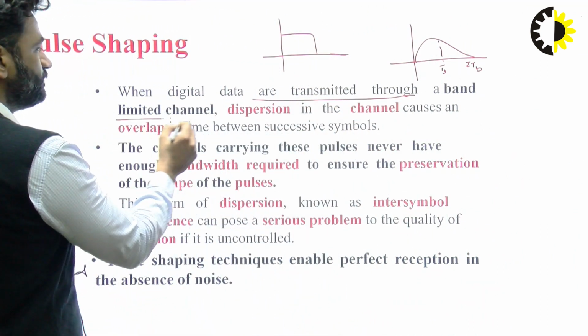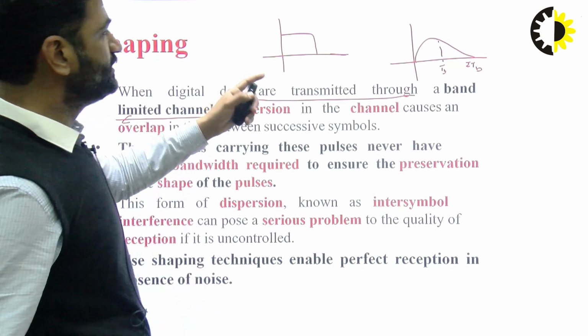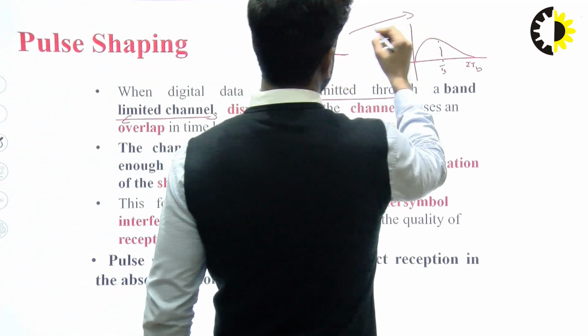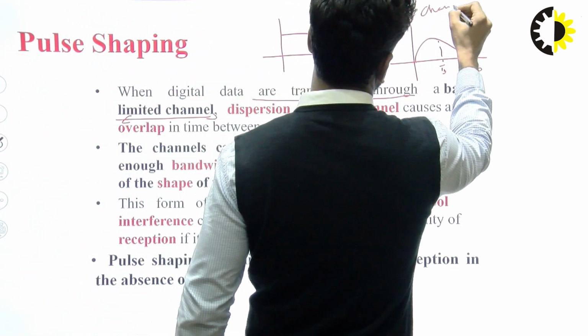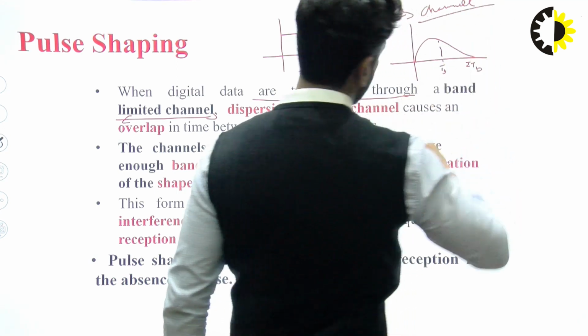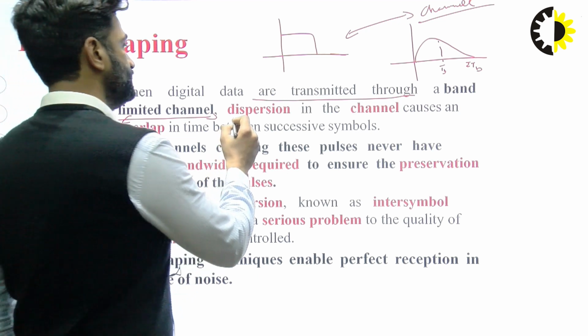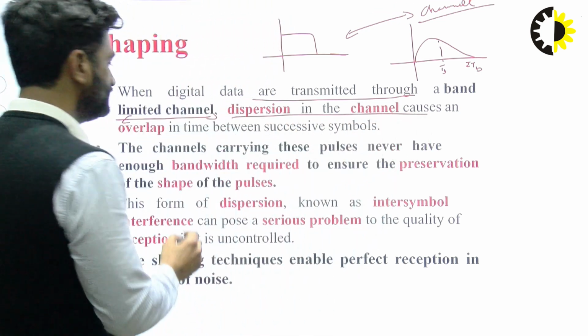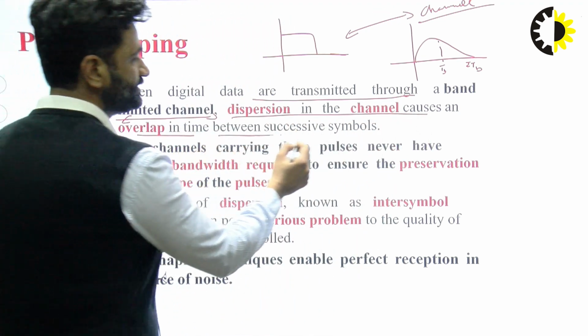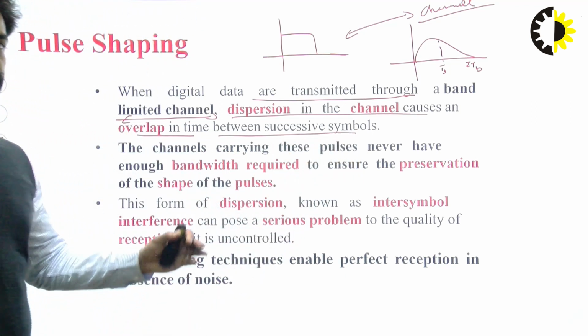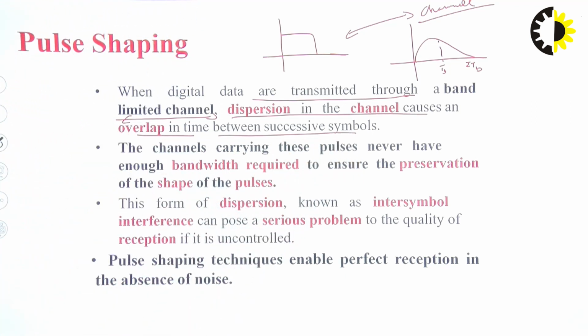Now, what is a band limited channel? When we transmit this pulse, the channel that we are using has a very low bandwidth. Due to this, the pulse will be dispersed in the channel, causing an overlap between the successive symbols. So it will overlap with the alternate symbol, or you can say successive symbol.